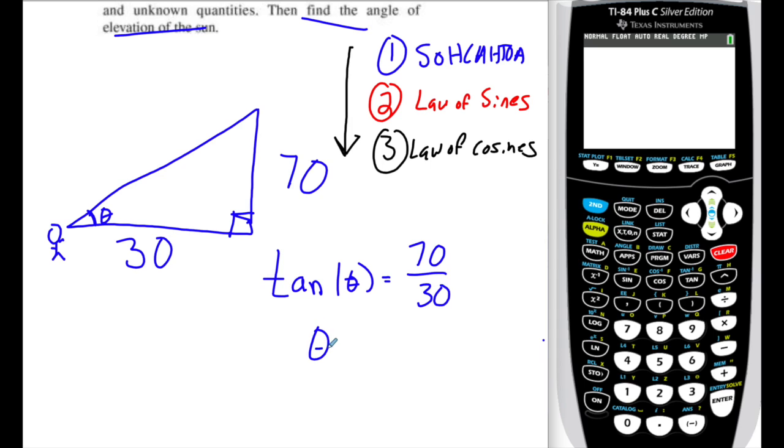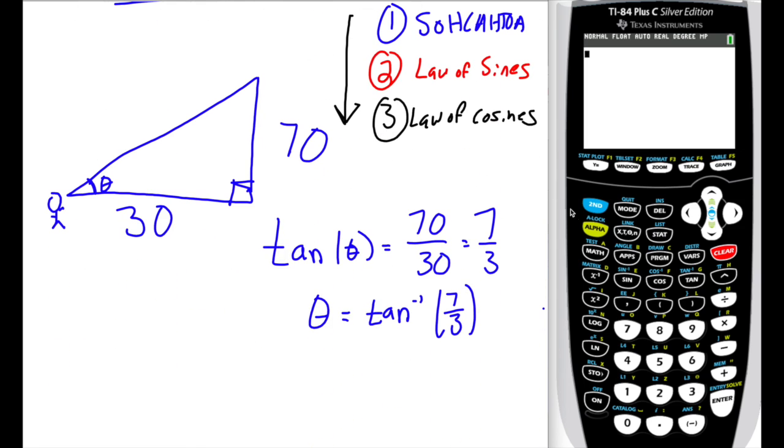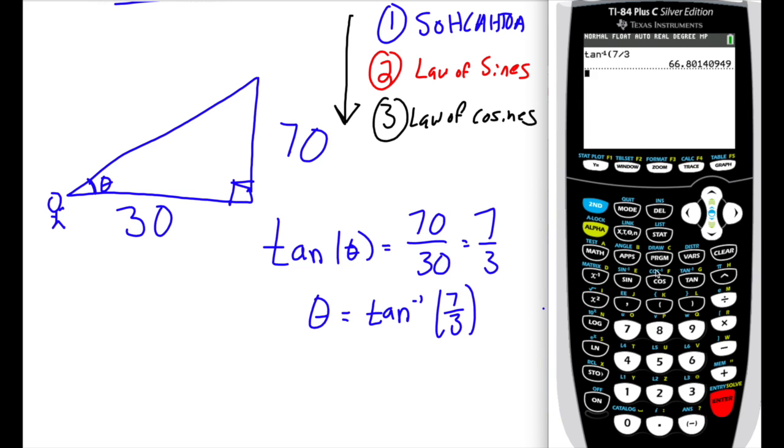So that means the angle of elevation is equal to the inverse tangent of essentially 7/3, right? Because it's 70 over 30. So I'll do second tan 7/3. And just to show you that it doesn't matter, I'll show you 70/30 as well.